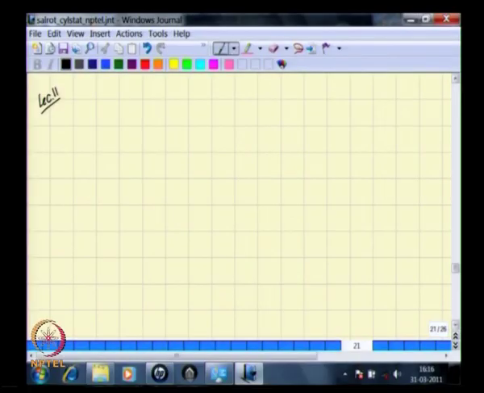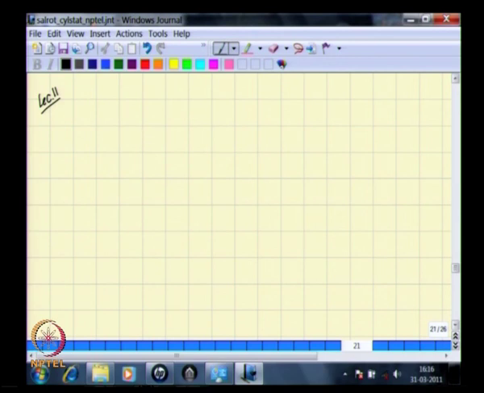We have derived expressions for the mutual inductance between the coil on the rotor and the coil on the stator. We have derived an expression for the self inductance of the rotor coil, and we were beginning to look at an expression for the self inductance of the stator coil, which we shall try to do in this lecture.